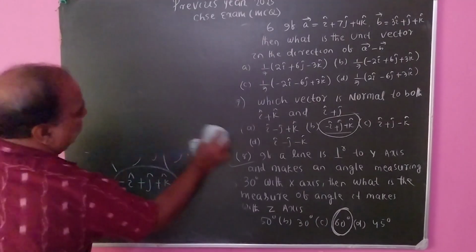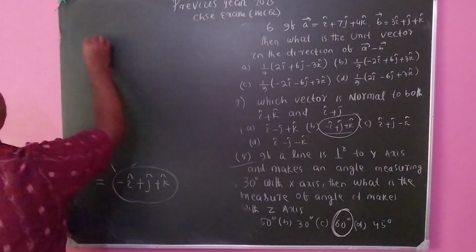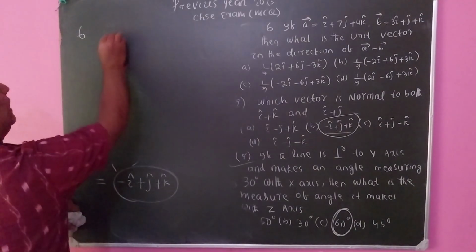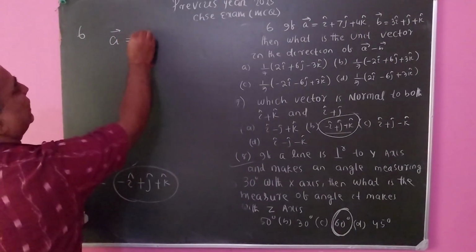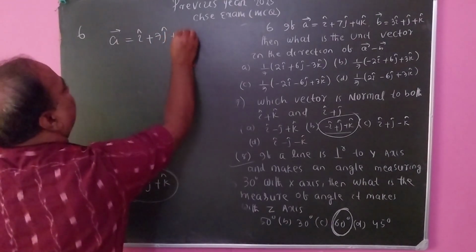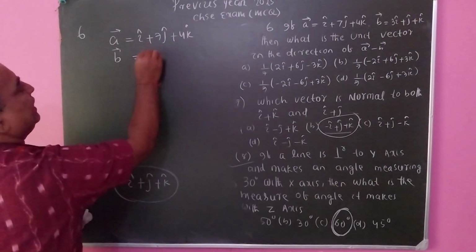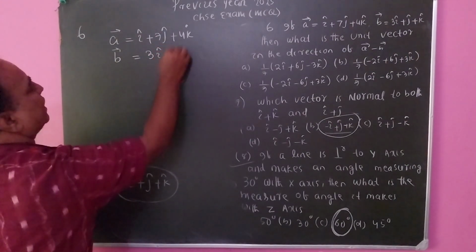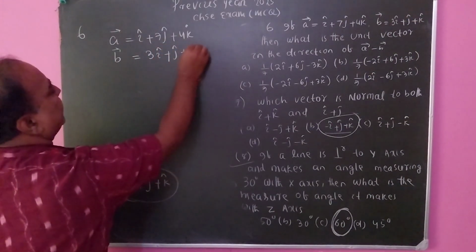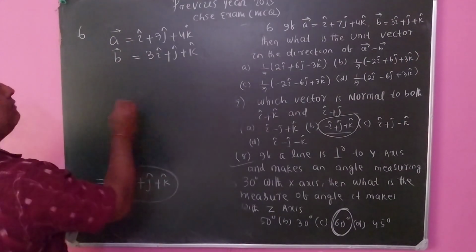A vector is equal to i cap plus 7j cap plus 4k cap. B vector is equal to 3i cap plus j cap plus k cap. Our aim is to find the vector A minus B.